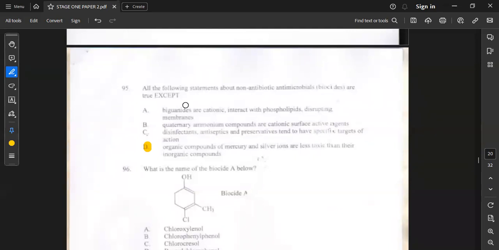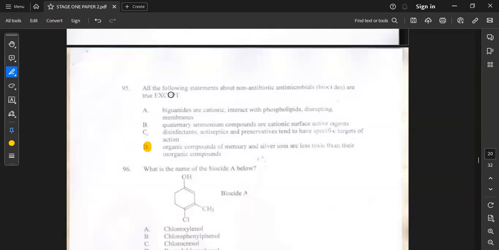I'm finding here a statement from the textbook Pharmaceutics: Dosage Form and Design about the organic mercurial compounds, that these are antimicrobial agents that contain mercury, and due to environmental and toxicity concerns, they are no longer used. So yes, they are very toxic.